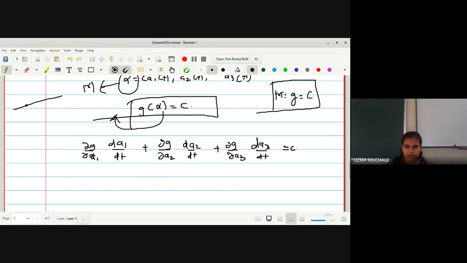Since c is a constant, the derivative of a constant term is equal to 0. Now I can write this in the form of a summation. Can anyone tell me how the summation can be written?